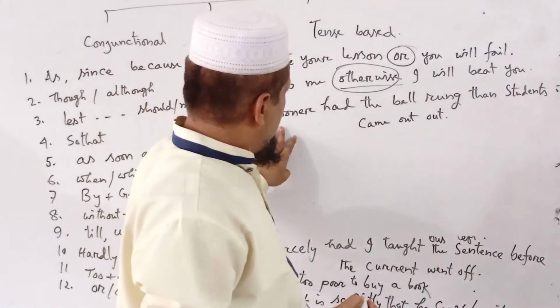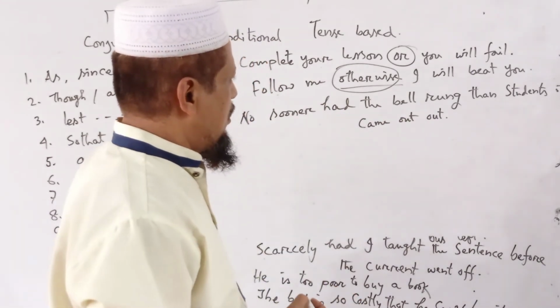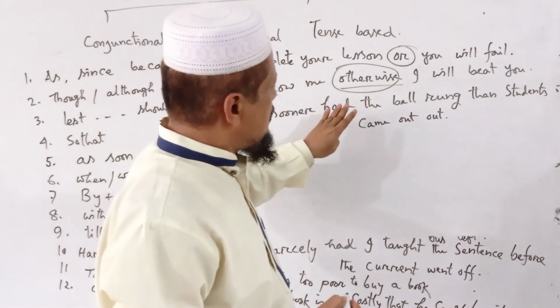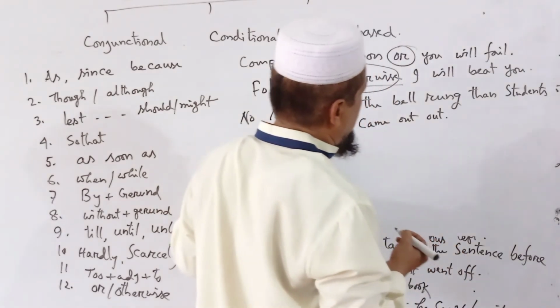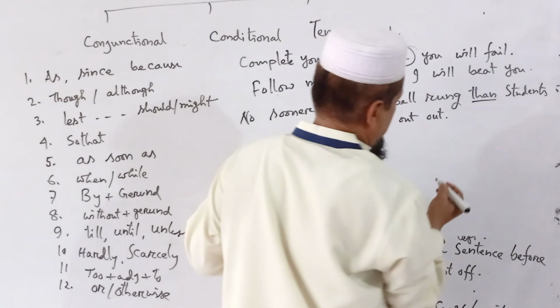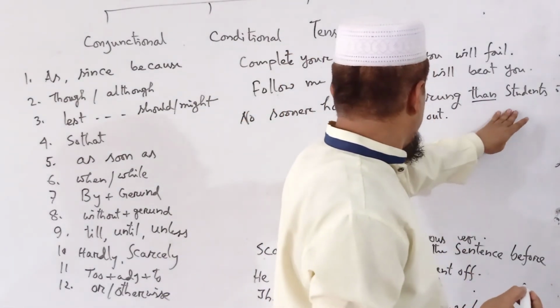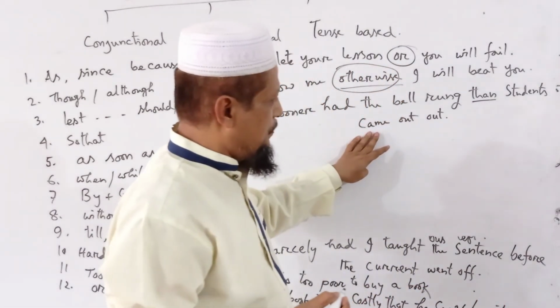If no sooner is connected with the first clause, the sentence turns into past perfect tense. To complete it, you should add than as a conjunction. After using the conjunction than, you will add a clause which will be in past indefinite form.